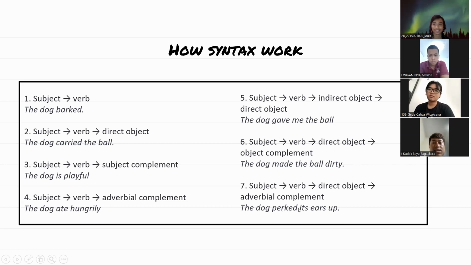When the sentence uses both a direct object and an adverbial complement, the direct object comes first, followed by the adverbial complement. In this sentence, the adverbial complement describes how the dog barked.